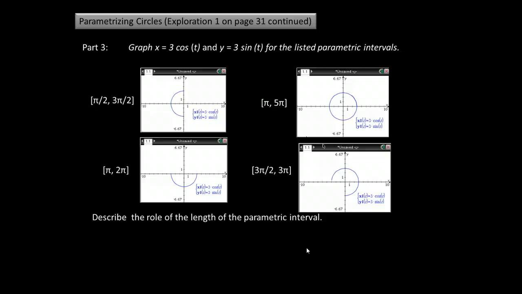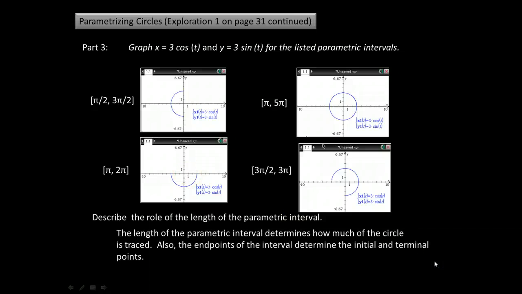Instead of going just from 0 to 2 pi and always starting at the same place, when we shift that t interval around, we see the circle starting and ending at different places, like right here and right here. Even though these each gave us half of a circle, they gave us a different half.